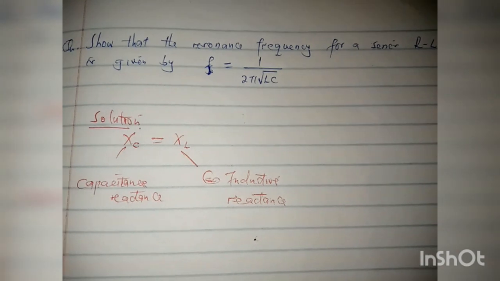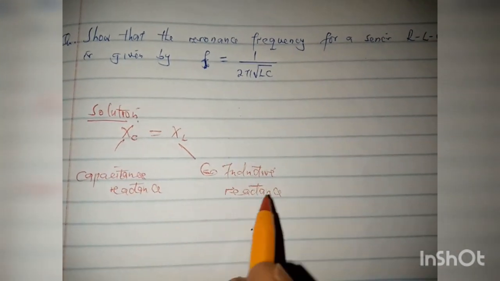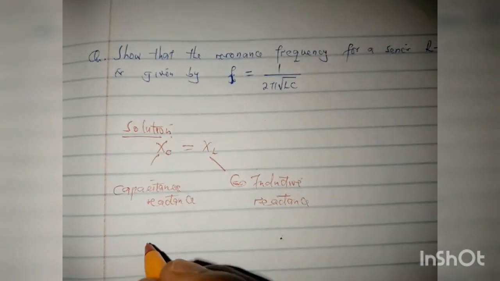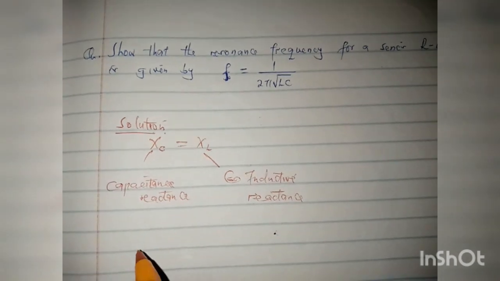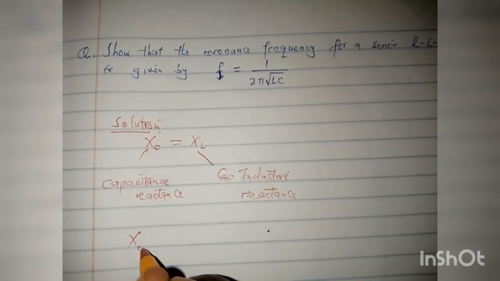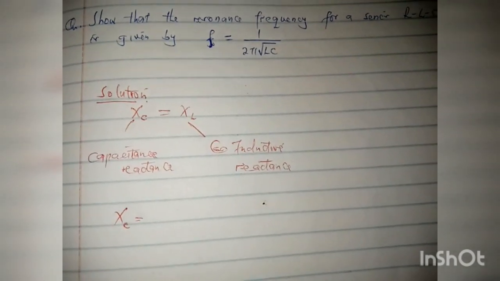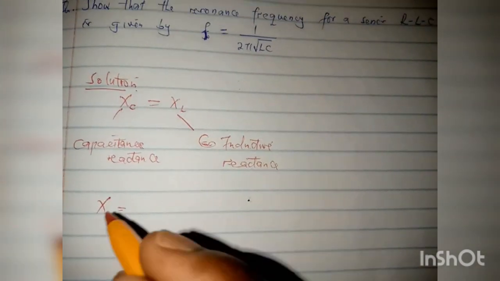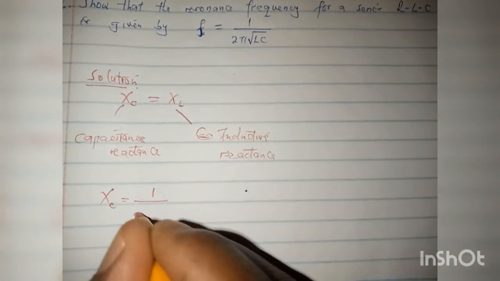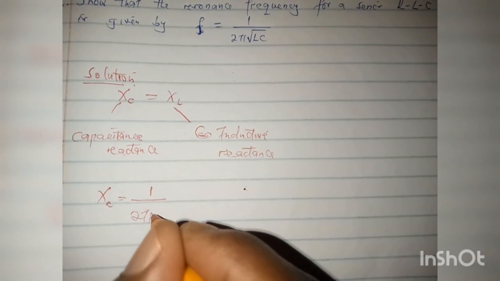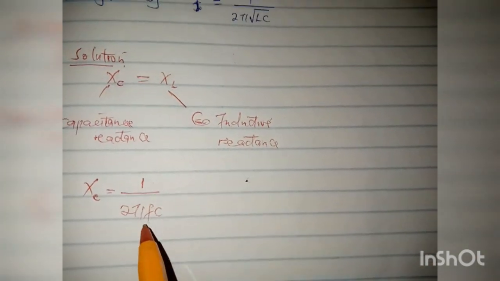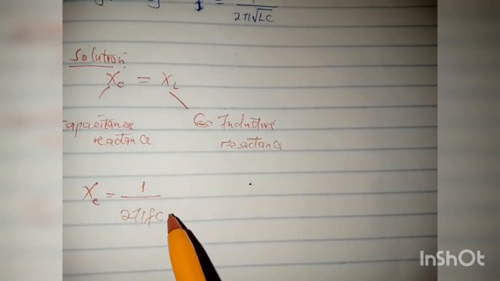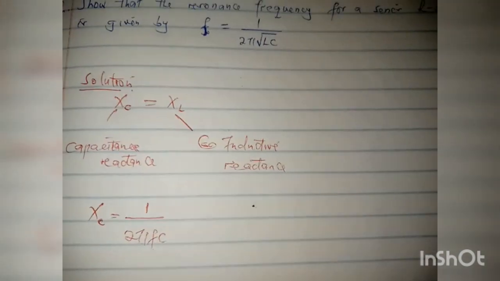capacitive reactance is equal to inductive reactance, and capacitive reactance is expressed as Xc equals 1 over 2 pi FC, where F is the frequency and C is the capacitance.